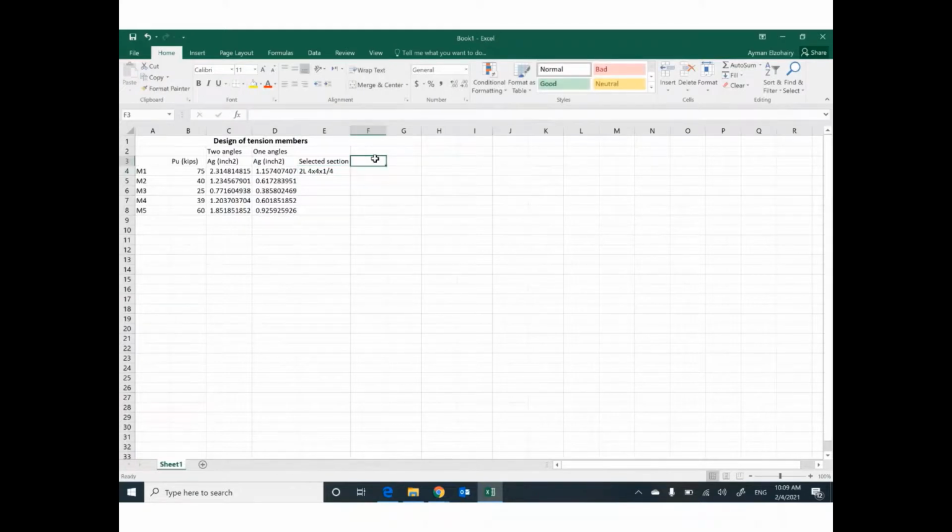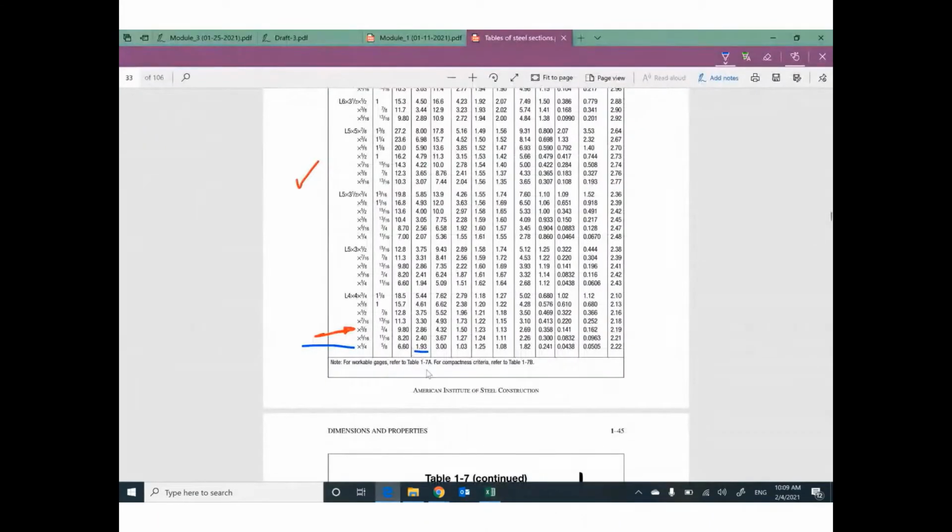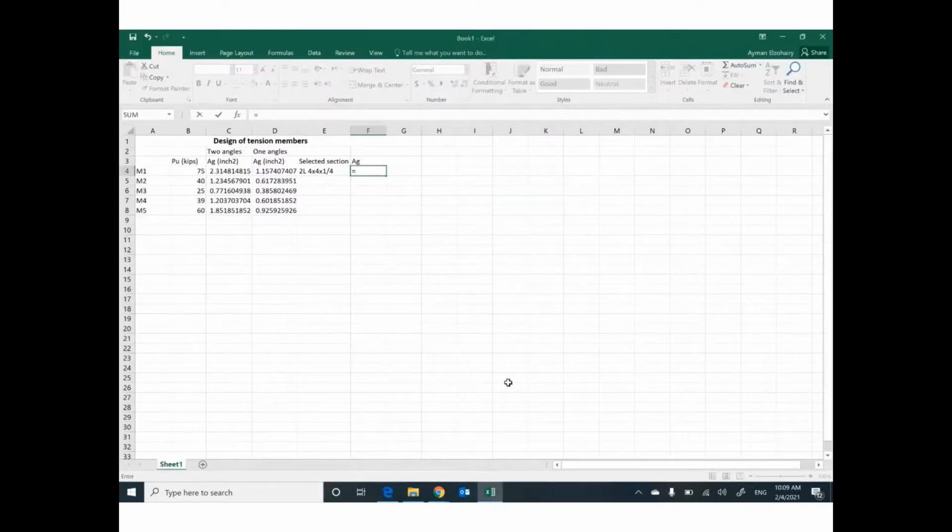What is the actual area gross? From the table, the actual area gross is 1.93 for one angle, so you need to multiply it by 2.